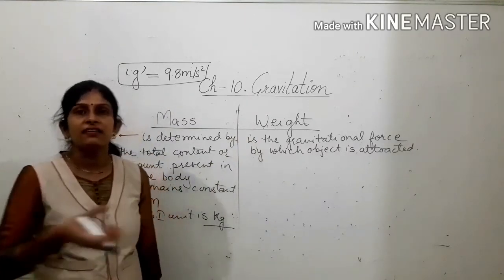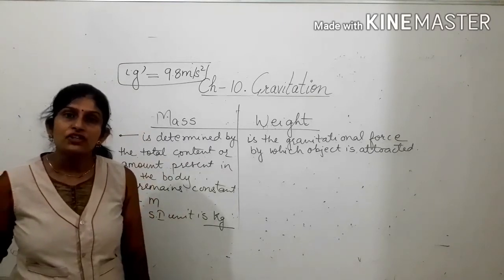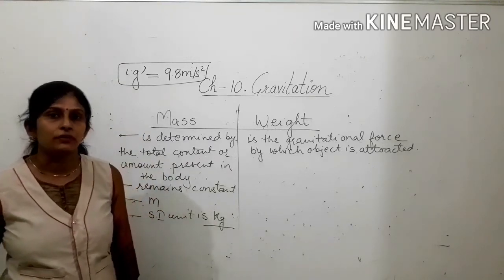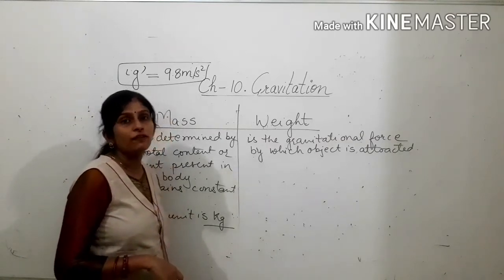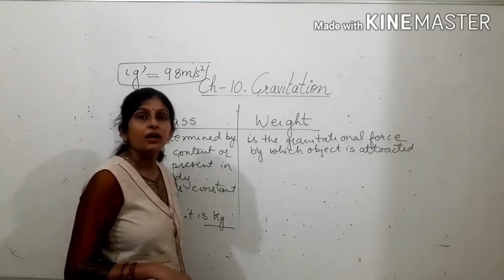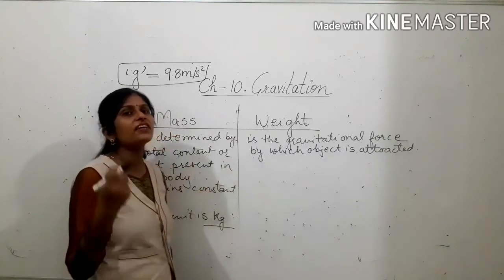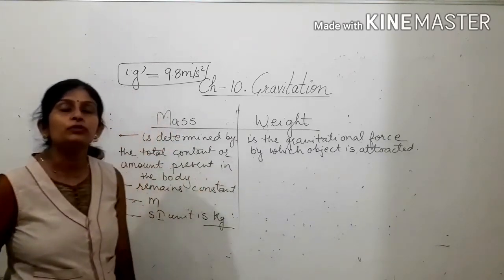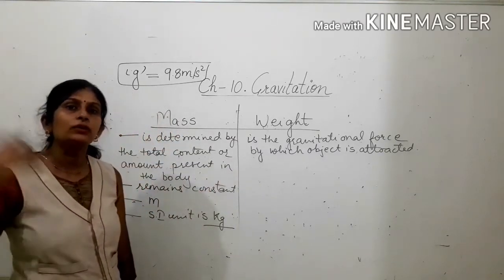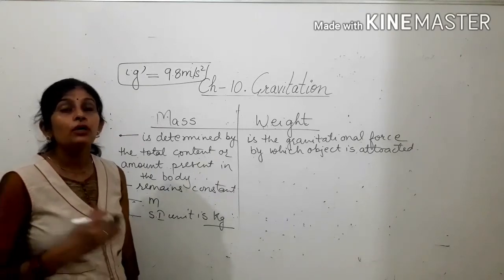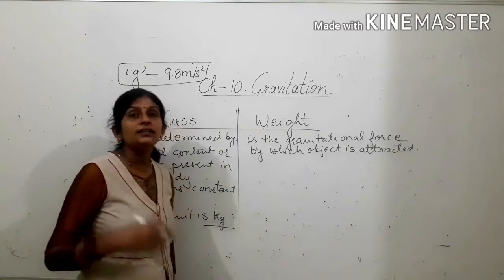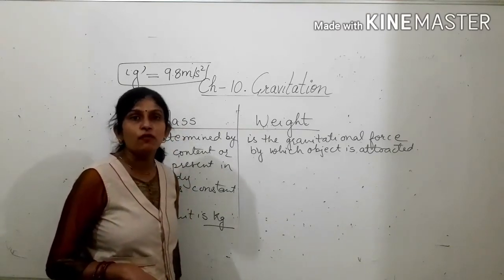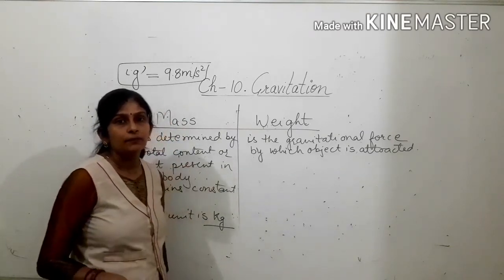If the object is on the surface of earth, then earth exerts more gravitational force on that object as compared to that of moon, because earth has more mass. So, earth applies more gravitational force on the object.